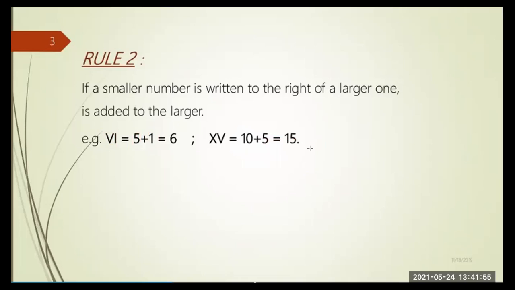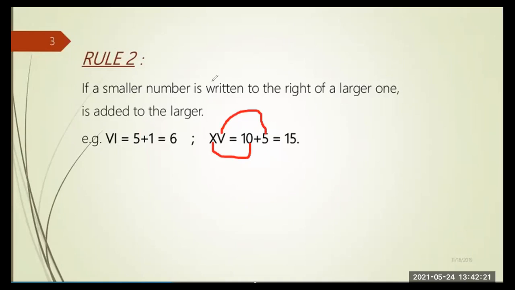Next we'll see the next example. You can see on your screen. So X value, we know that X value is 10. Let me show you by marking. So here you can see X value is 10. And V value is 5. That means our X value is greater than V value.